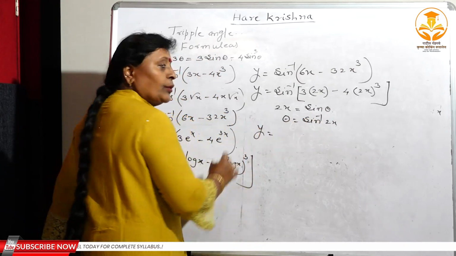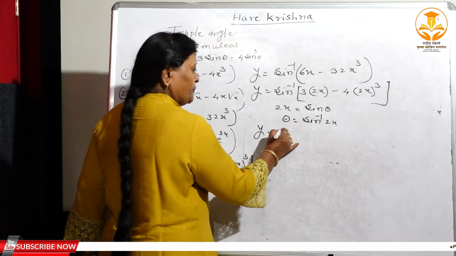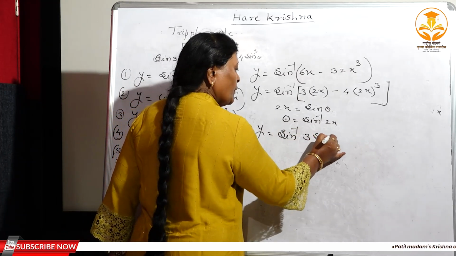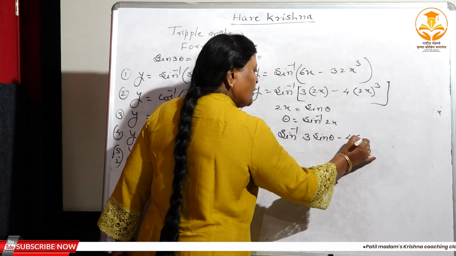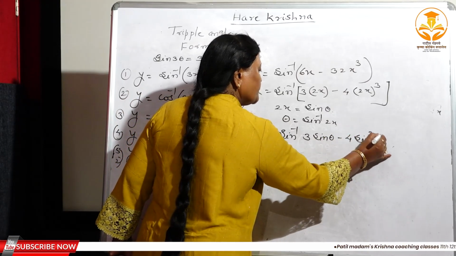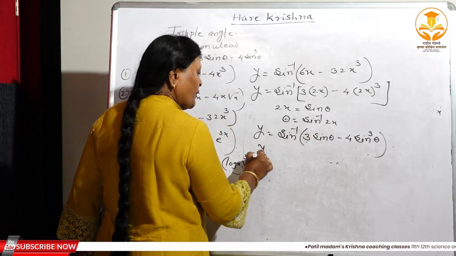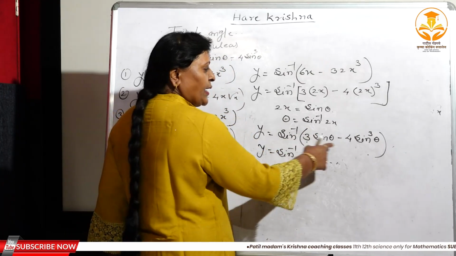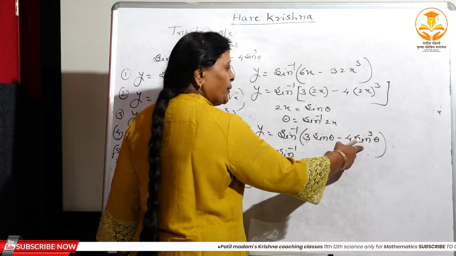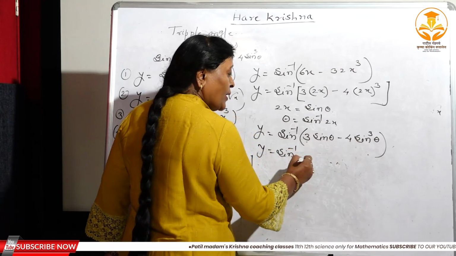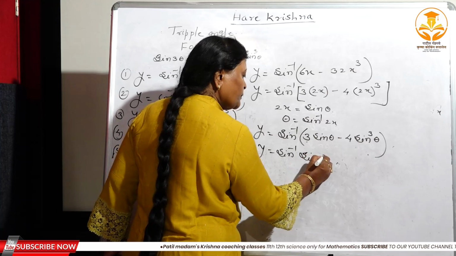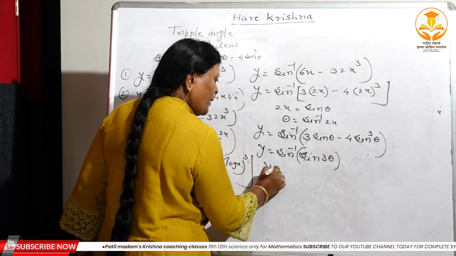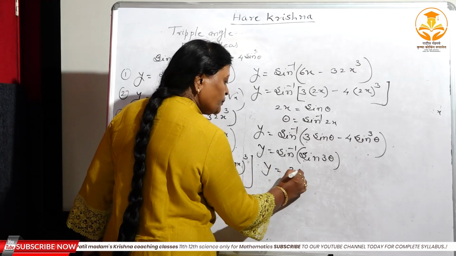Therefore y is equal to sine inverse of 3 sine theta minus 4 sine cube theta. This is the formula of sine 3 theta. Sine inverse and sine get cancelled. What remains? 3 theta, right?